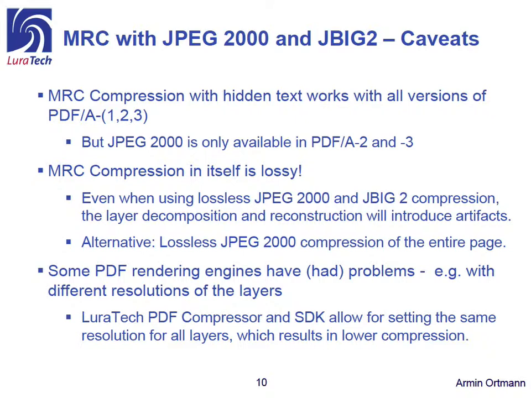That is also due to the fact that, depending on the input, we tend to downsample the foreground and background layer information. So you may have less resolution in those layers and only have the full resolution in the text layer. If someone naively says, well, there's one layer that's only 100 dpi, so I guess 100 dpi is enough for the entire page, then suddenly the document looks much worse than it ought to.